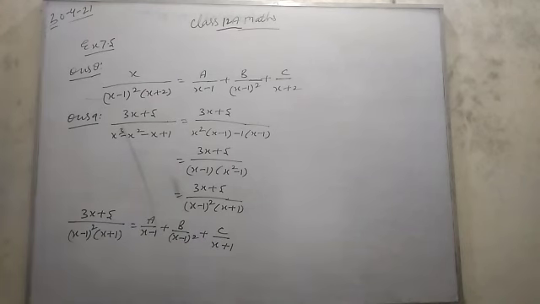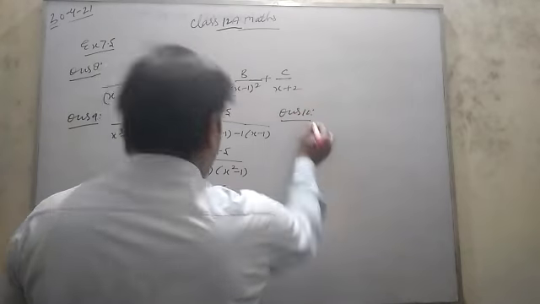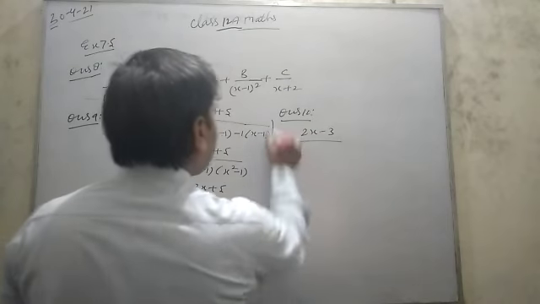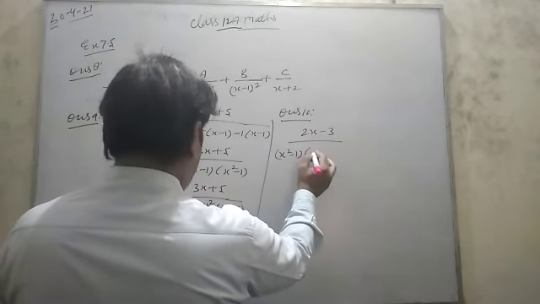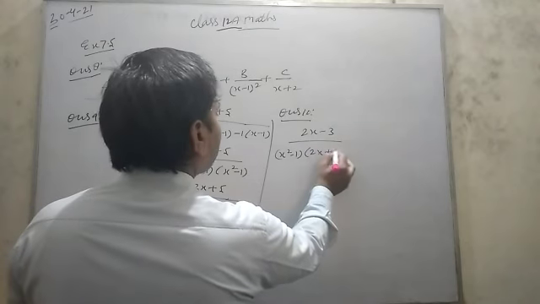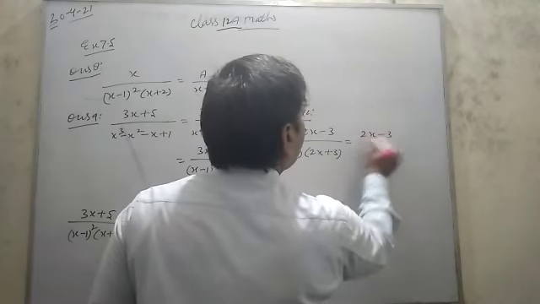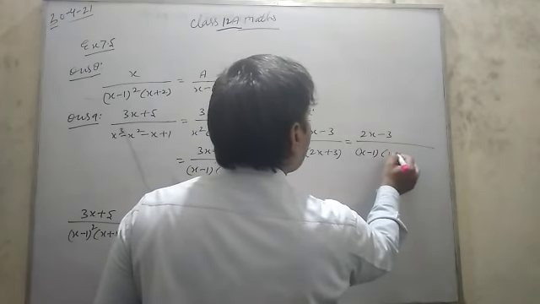Like question number 8. Okay. Then question number 10 and 11. 2x minus 3 upon x square minus 1, 2x plus 3. Okay. So this also can be written as 2x minus 3 upon x square minus 1, x minus 1, x plus 1.